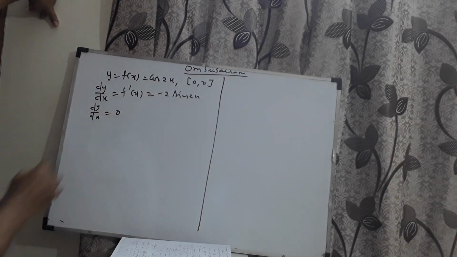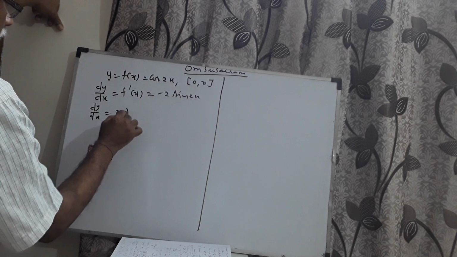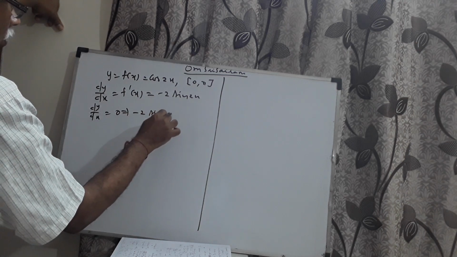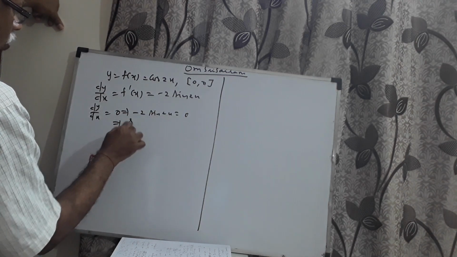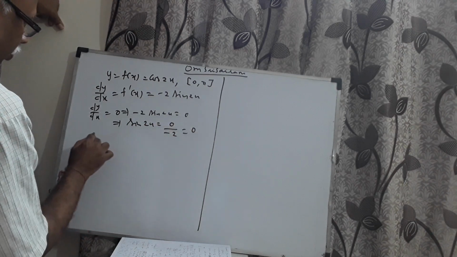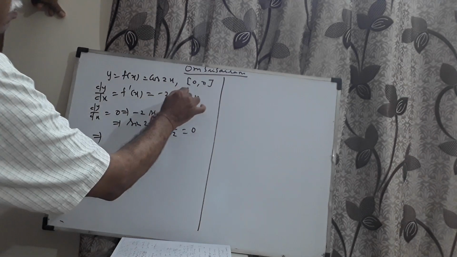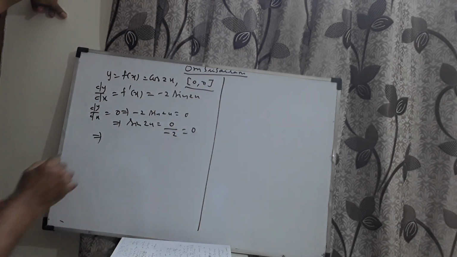Let me try to find the roots of dy/dx = 0. This implies -2 sin 2x = 0, which implies sin 2x = 0/(-2) = 0. But sine becomes 0 at every multiple of π: sin 0 = 0, sin π = 0, sin 2π = 0, sin 3π = 0, sin(-π) = 0, etc. But I won't take negative values because the interval given here is between 0 and π.